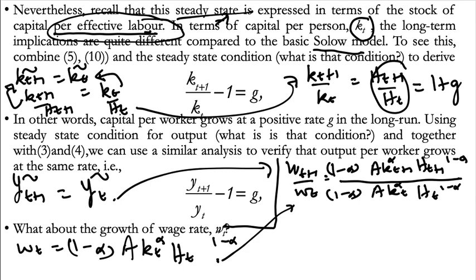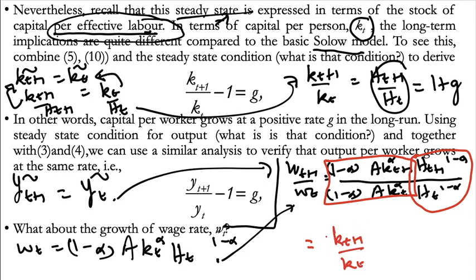Okay, so here what we can do is, let me use the right pen. You can have the first term here after the equal sign, this is what I mean, and then you can have the second term here. So basically it becomes this. After that we cancel, and we are left with this: (k_{t+1} over k_t) to the power of α, times (h_{t+1} over h_t) to the power of 1 - α.